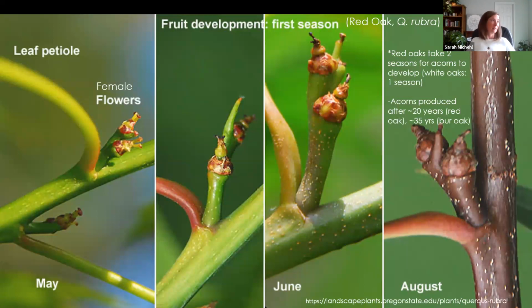It depends on the species and stress and that kind of stuff. But to say after around 20 years for the red oaks and around 35 years for the burrs and the whites would be pretty standard. So it takes a long time for them to actually develop acorns.